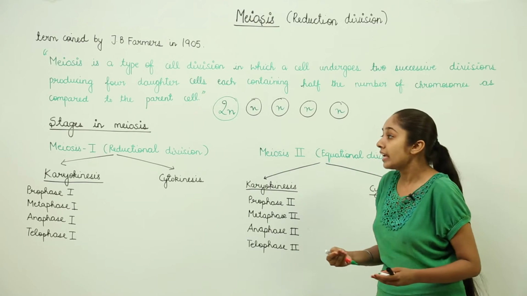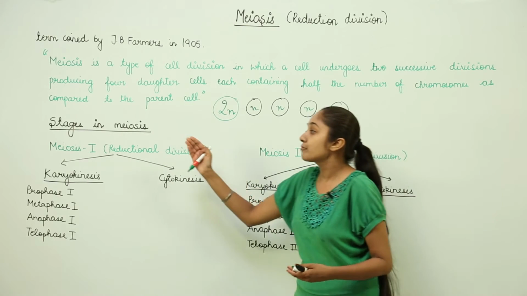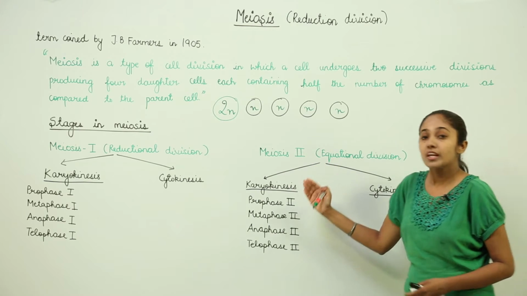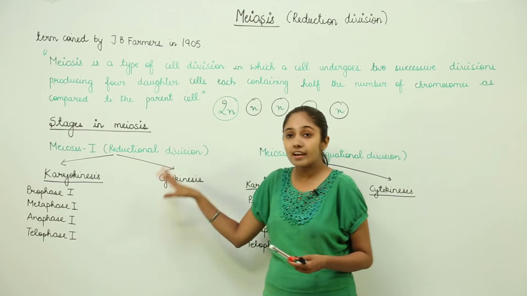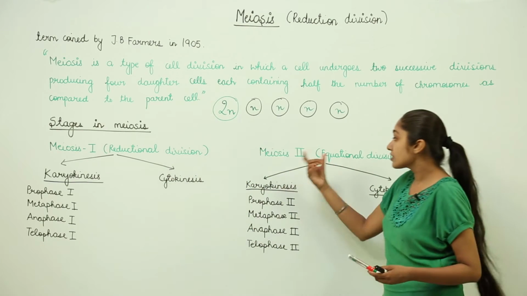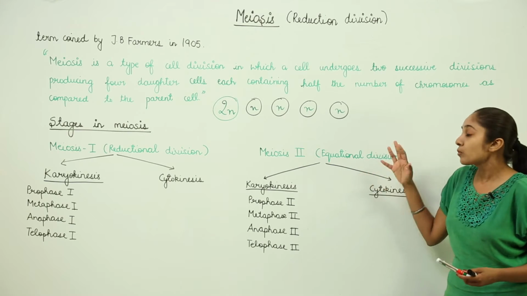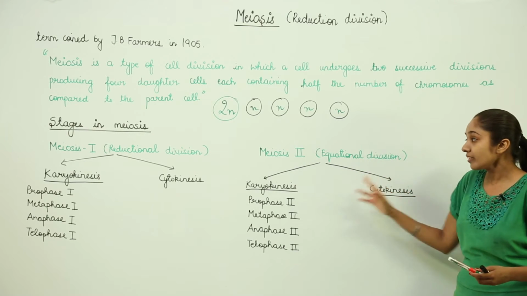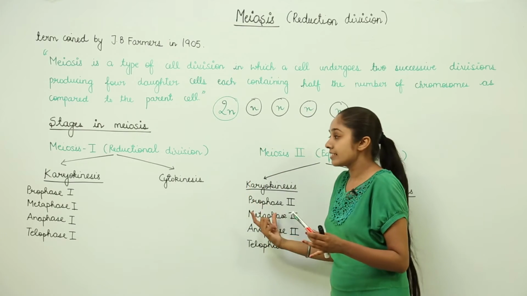Now there are 2 stages in meiosis, as I told you: meiosis 1 and meiosis 2. Meiosis 1 is the reductional division because it is here where the chromosome number becomes half, and meiosis 2 is known as equational division because it is here where the same type of daughter cells are produced. We will discuss this.